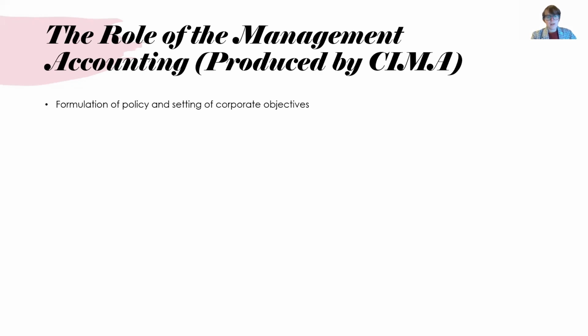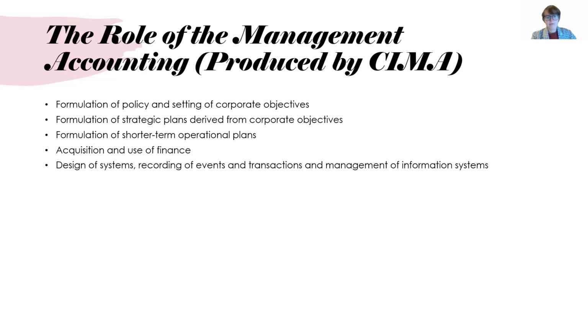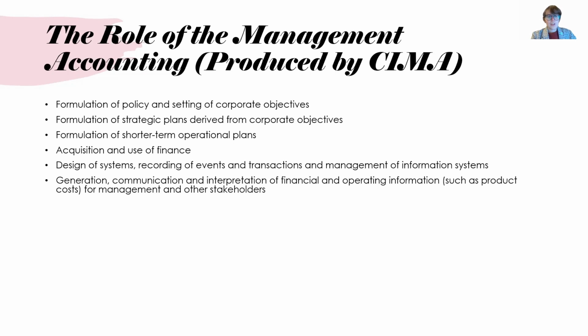So formulation of policies and setting of corporate objectives, formulation of strategic plans derived from corporate objectives, formulation of shorter-term operational plans, the acquisition and use of finance, any design of systems, recording of events and transactions and management of information systems, and the generation, communication and interpretation of financial and operating information, such as product costs, so for management and for other stakeholders.